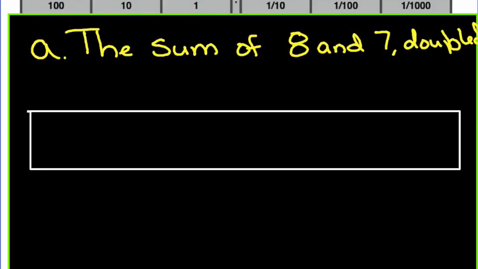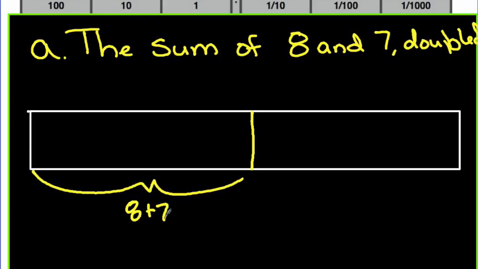And she said we know that we have 8 and 7 and it's doubled. So we'll say part of this is going to be 8 plus 7. And we know we're going to take it times 2. There's going to be 2 of those.